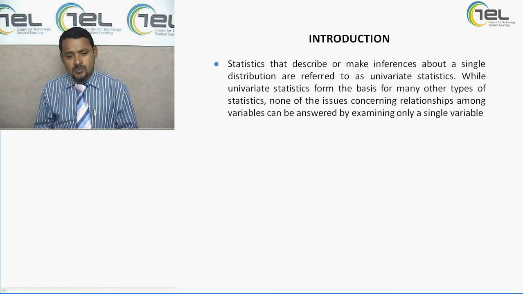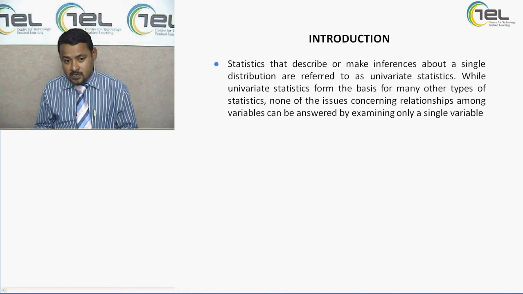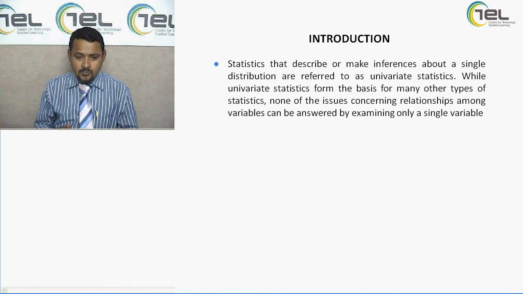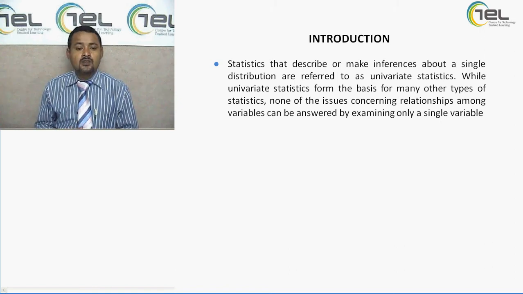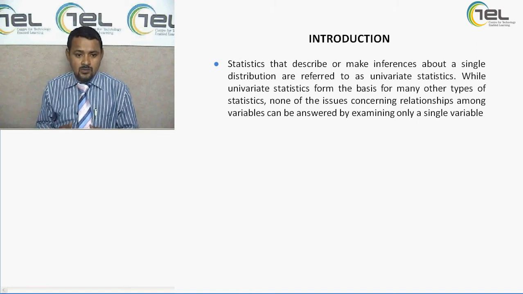Some of the issues concerning relationship between variables can be answered only by examining more than one variable. By observing a single variable, we are not going to conclude anything because it is not likely to have any impact on the other variable.